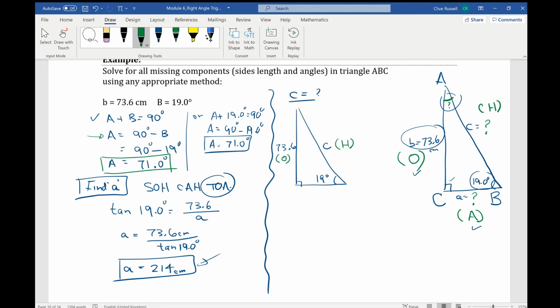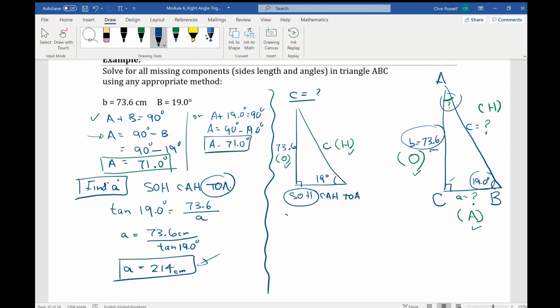So using our SOHCAHTOA, we're looking for a ratio involving opposite and hypotenuse. So that's the sine.